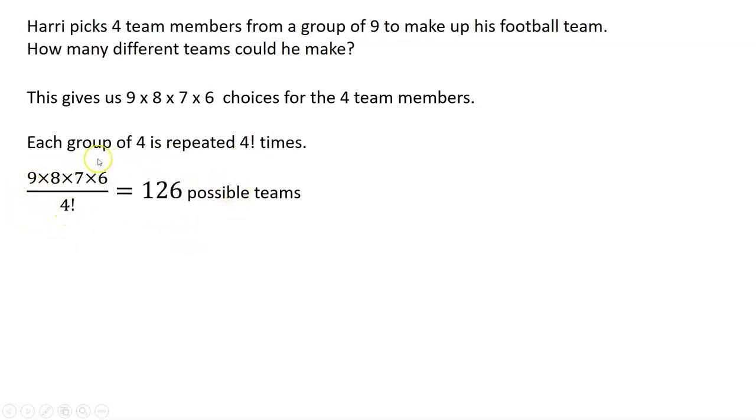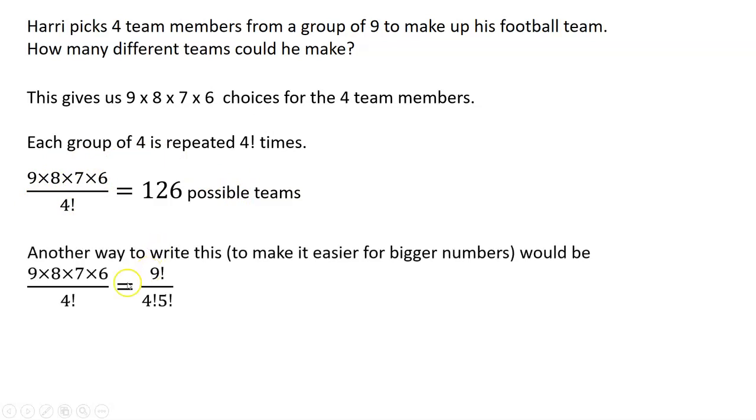Let's think about how we could write this fraction here. So instead of saying 9 times 8 times 7 times 6, because that's hard to generalise for bigger numbers, I can say that 9 times 8 times 7 times 6 is 9 factorial divided by 5 factorial. You see, this is 9 factorial, but I've got rid of everything that's 5 and below.